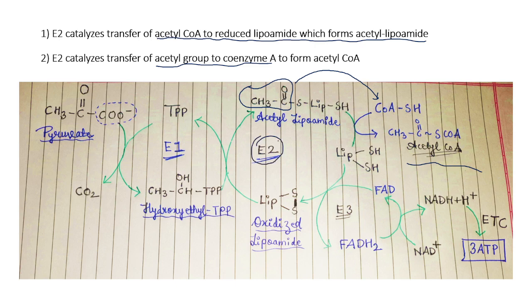Enzyme 2. It will catalyze the transfer of the acetyl group to coenzyme A. So acetyl plus coenzyme A will give acetyl coenzyme A.